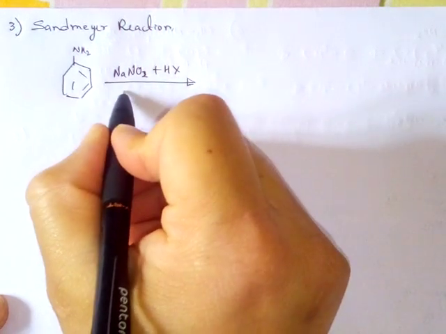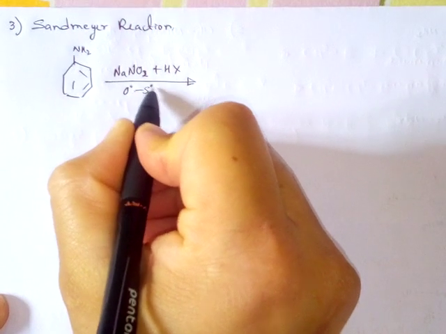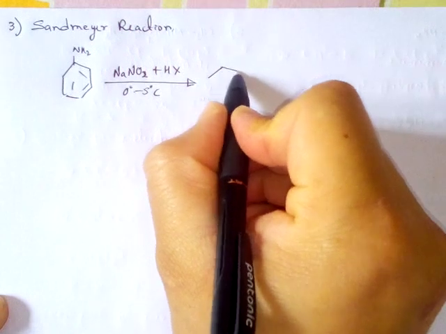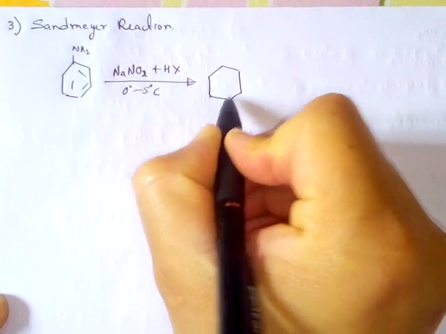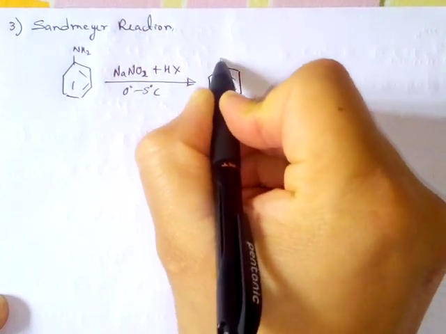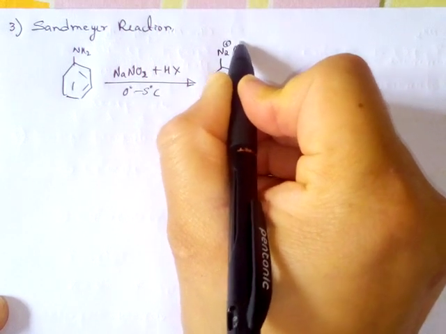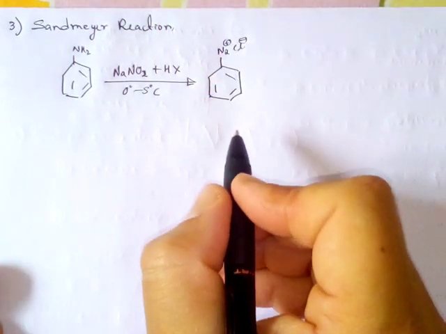The temperature here is 0 degree to 5 degree centigrade. Now your diazonium salt will be formed, benzene diazonium salt. We'll just write N2+ Cl-. This is benzene diazonium salt.